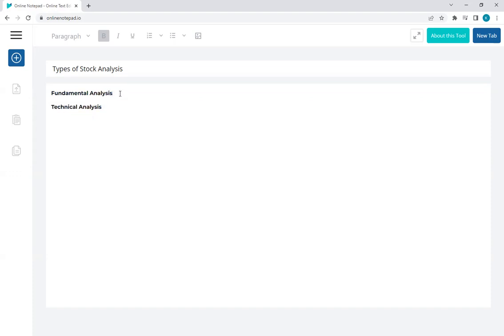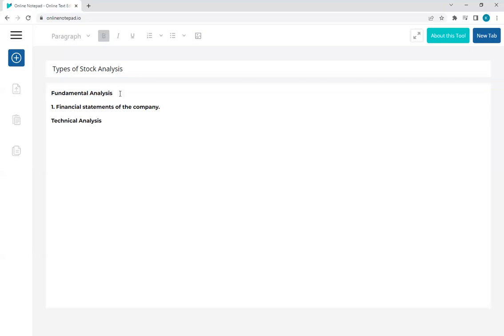If an investor or trader wants to do a fundamental analysis of a company, what he will do is go through the financial statements of the company. Every publicly traded company releases a quarterly performance report every 3 months and an annual performance report every year.